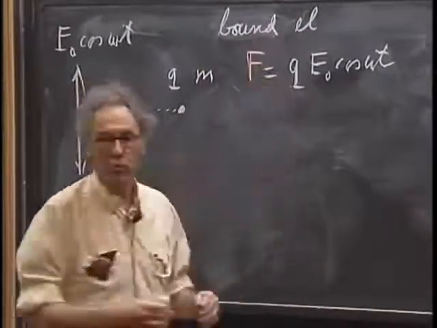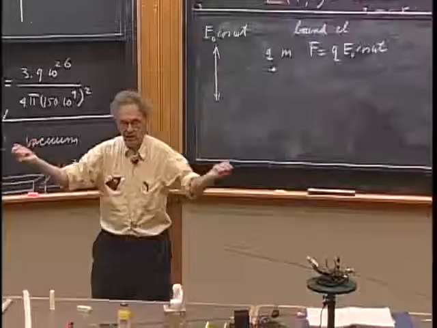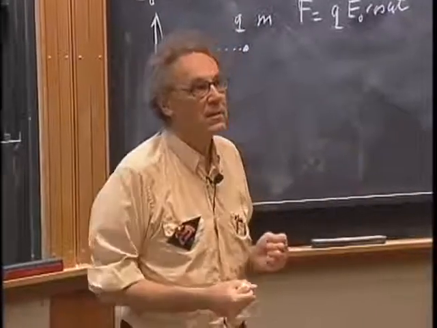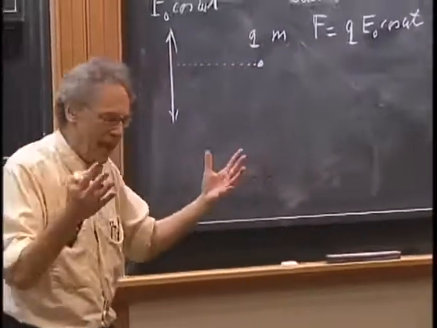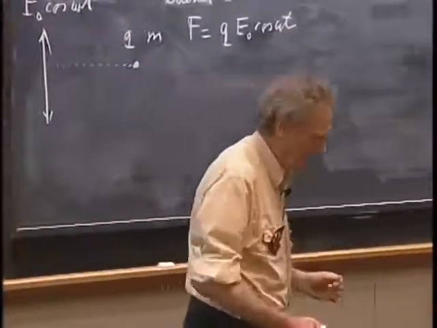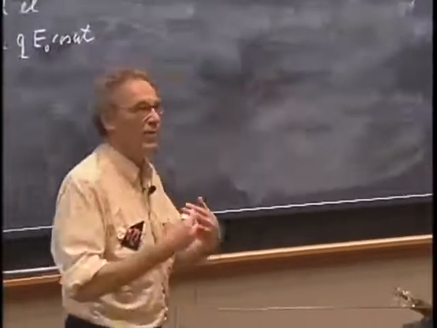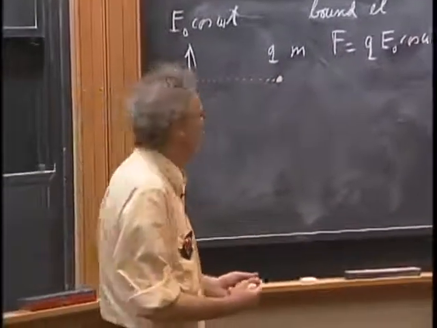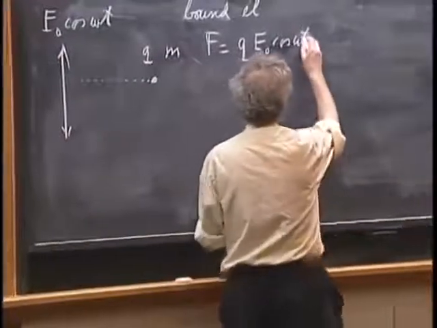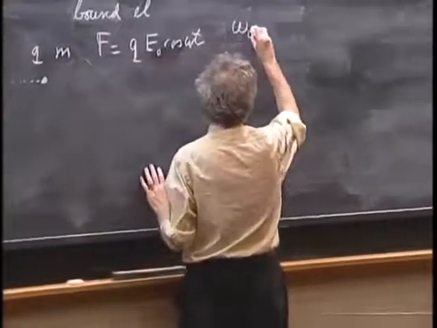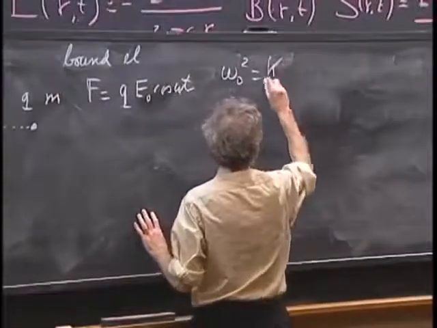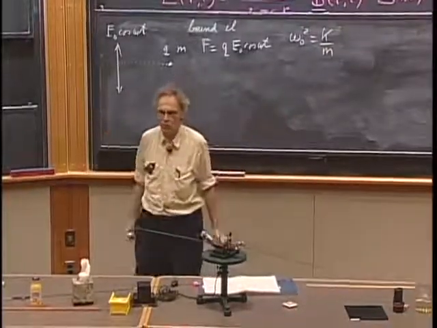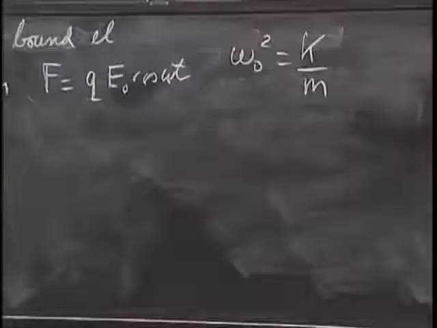They experience a restoring force because of the Coulomb interaction in the atom, and they want to go back. So there is a restoring force that acts to some degree like a spring, and so there is also then a resonance frequency associated with that restoring force. And so that resonance frequency I will simply call omega 0 squared, which is then k over m, and k is then the equivalent of the spring constant, which now acts in the atom.